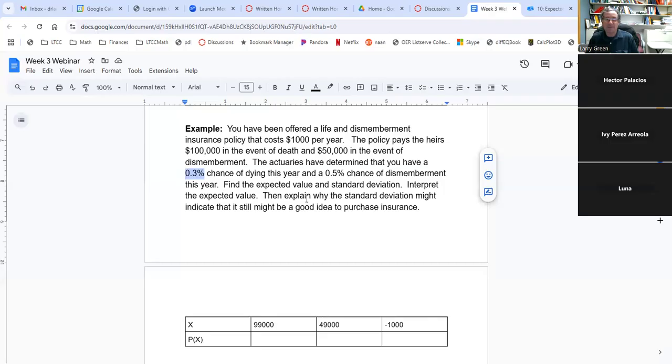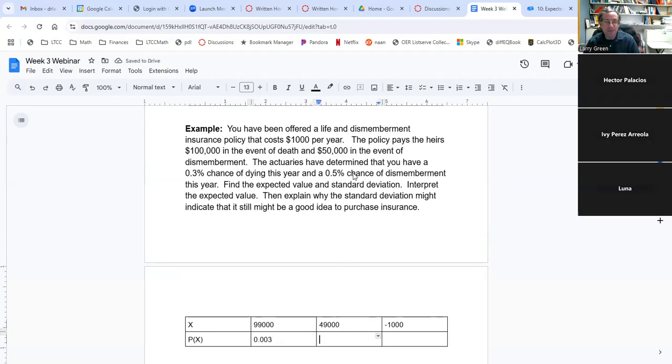Put in the chat box. Yeah, don't forget to move the decimal over 2 places. A lot of people make that mistake. And you get 0.003.